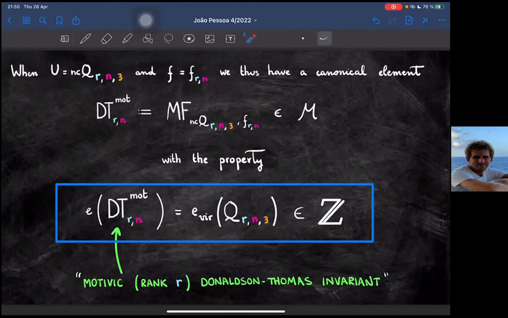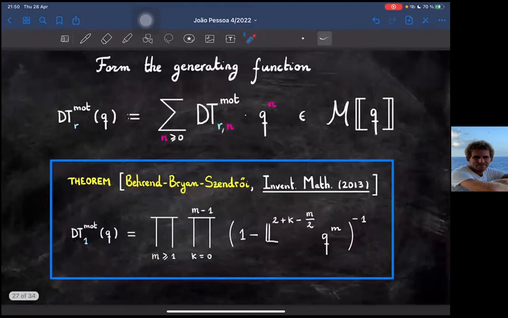By what we just saw, it has the property that its Euler characteristic computes the virtual Euler characteristic. Just a bit of terminology: one may want to call this the motivic Donaldson-Thomas invariant of rank r, of course. So, usual principle, we form the generating function, and we hope we are able to compute it.